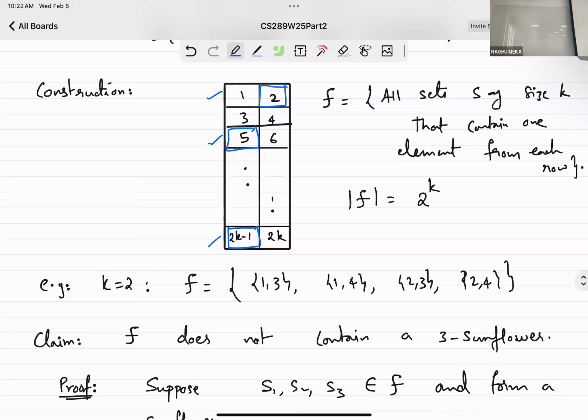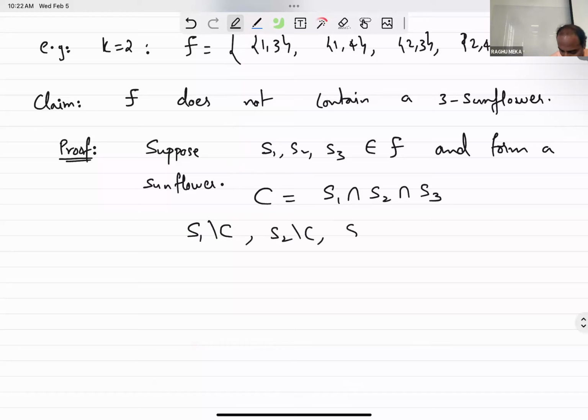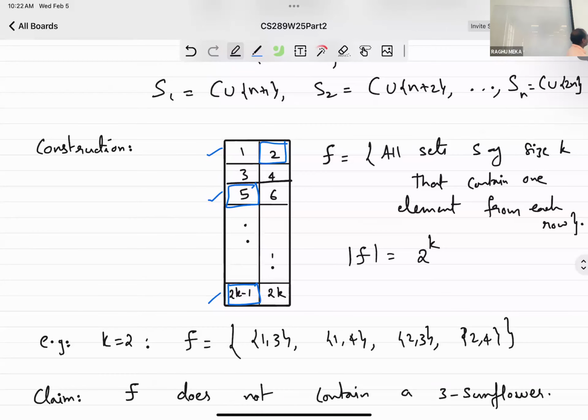Once I take out the core, the sets must be pairwise disjoint. They form a sunflower if and only if this happens. Right? Okay. But can I have 3 sets in my family which are actually disjoint?